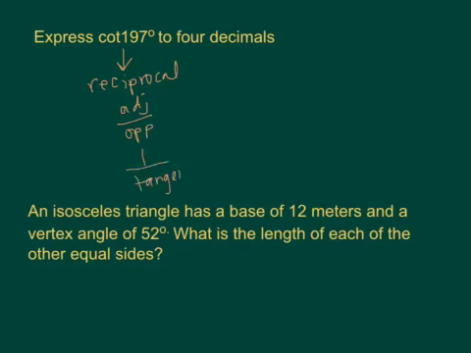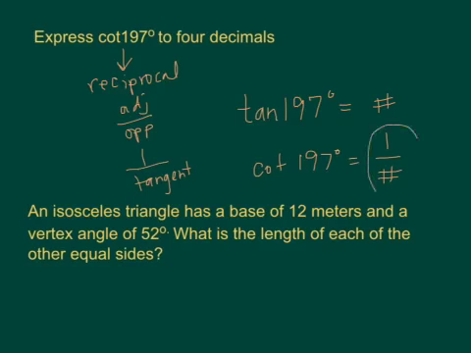So if you know the tangent ratio, it's the reciprocal of that, and this would be a good time to say, hey calculator, what's the tangent of 197 degrees? Whenever you get that number, again, pay attention to your mode. The cotangent of 197 degrees is just the reciprocal of that number. You could invert that fraction if it's in fraction form, but chances are it's going to be a decimal number, in which case I would do 1 over that number, and you'll get a nice number. It's actually a larger number than 1.